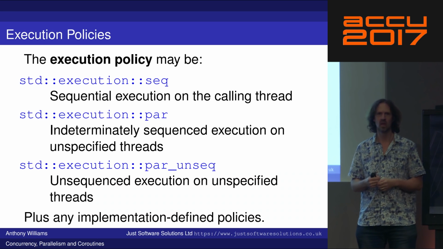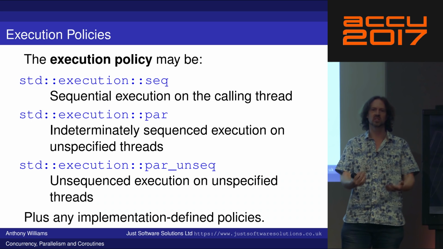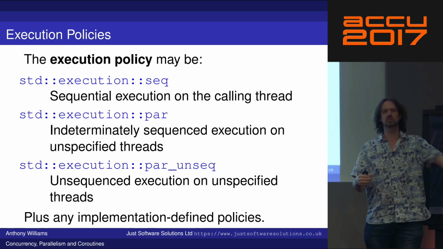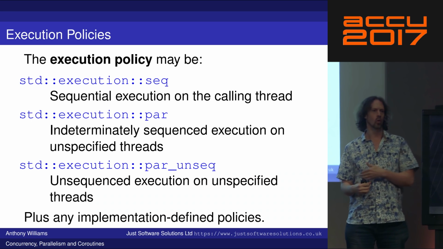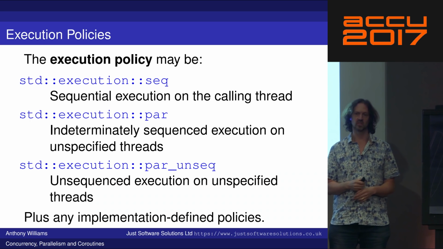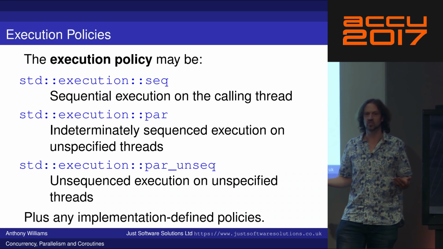And then, of course, implementations might define their own. So an implementation might say, here's an execution policy that runs things on the GPU, or runs things as a coroutine, as you might see in a bit. So there's the potential there. The implementation can provide any extras that they like.